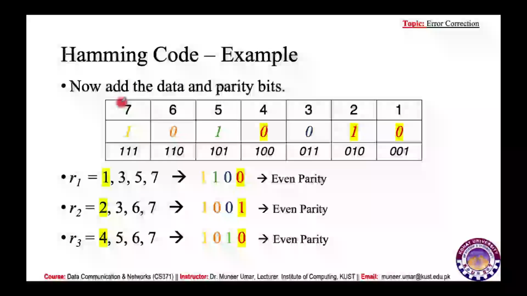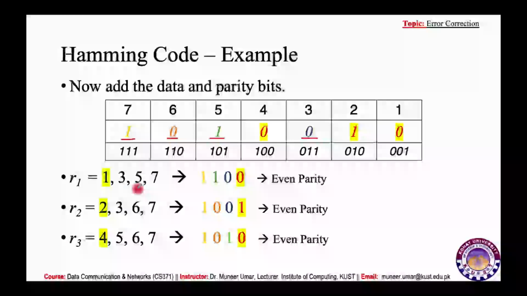So what we do, we add parity bits to R1, R2 and R3. Now if you look into data, it is 1, 0, 1 and 0. This one is data. So we need even parity.